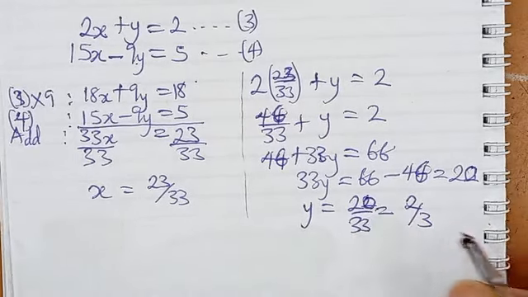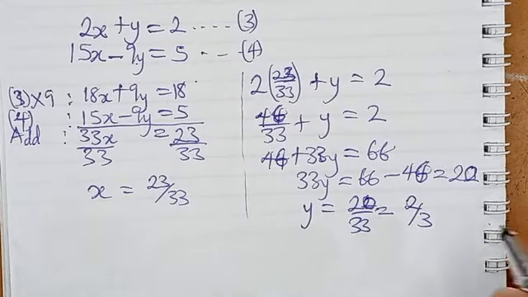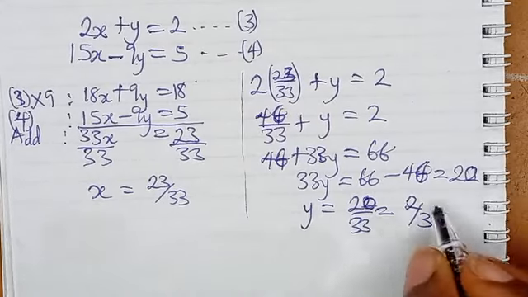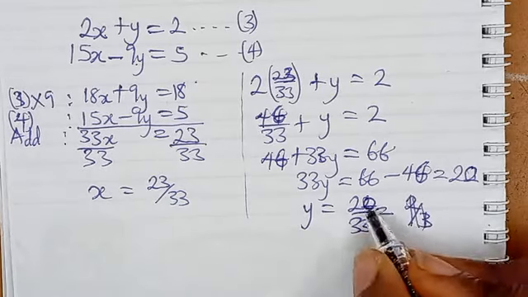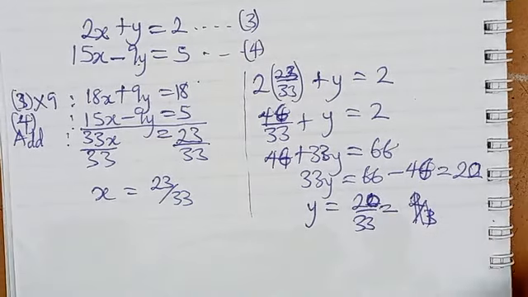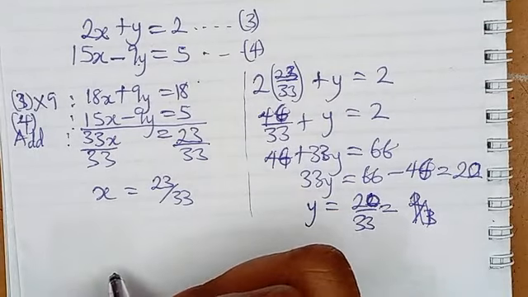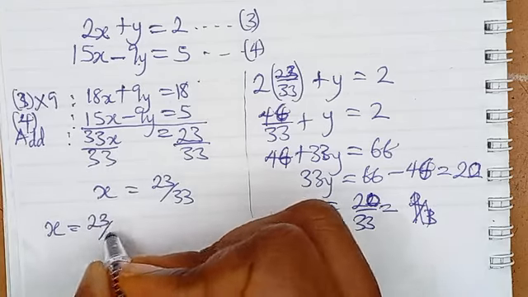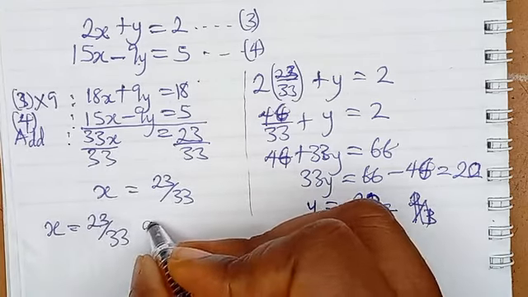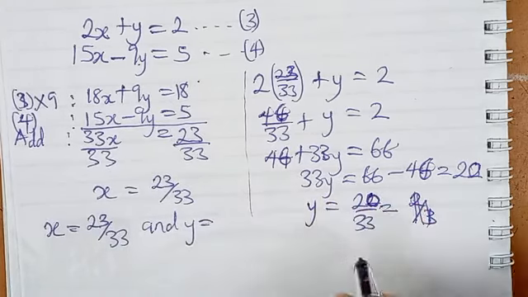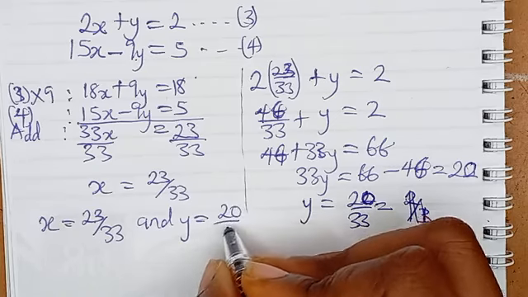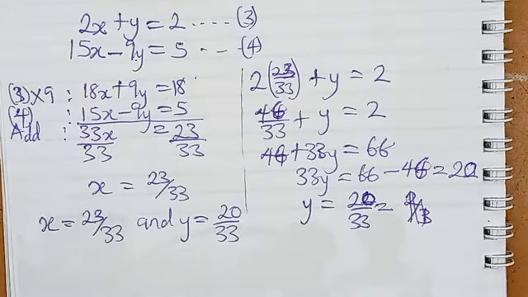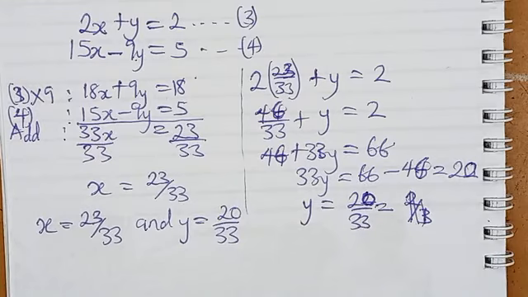This remains a fraction that we can reduce to lowest terms, so y remains 20 over 33. So I take that back. The solution to this equation is that x is equal to 23 over 33 and y is equal to 20 over 33. You can do your check later to see that these two satisfy the simultaneous equations.